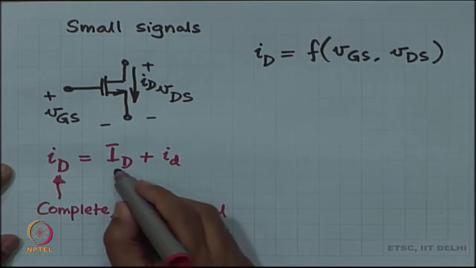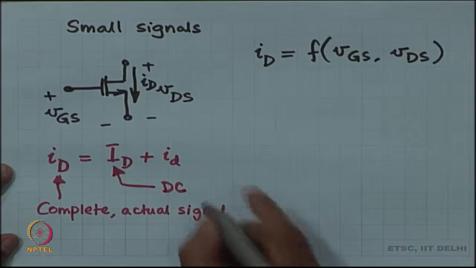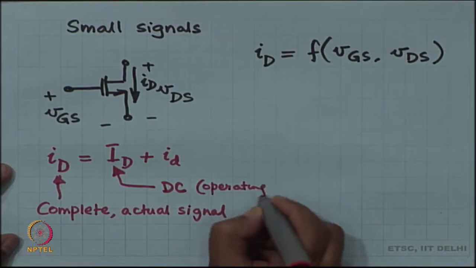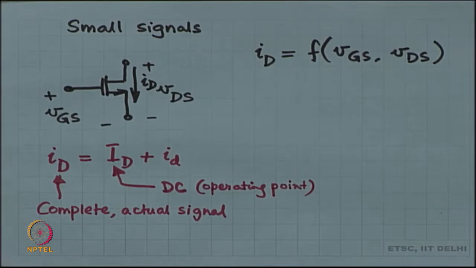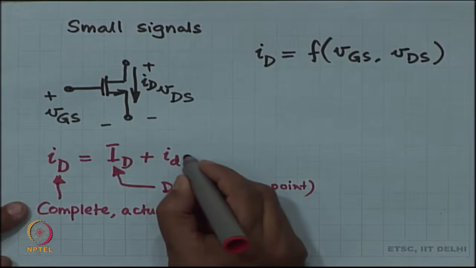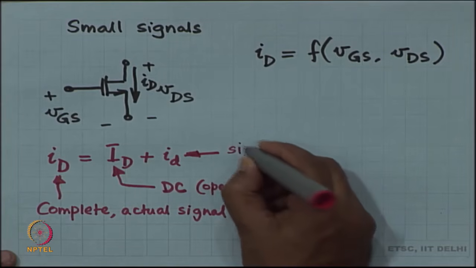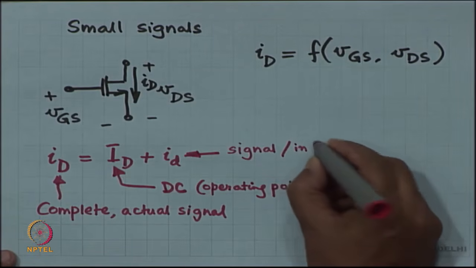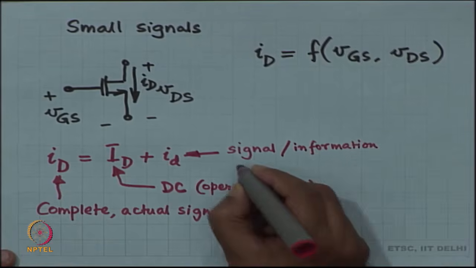The capital subcapital is going to be the DC part of it, that is the DC operating point part of it. And the small sub small is just the signal part of it, or rather the information, or you could call this an incremental change.